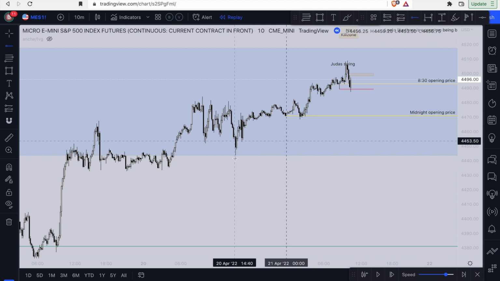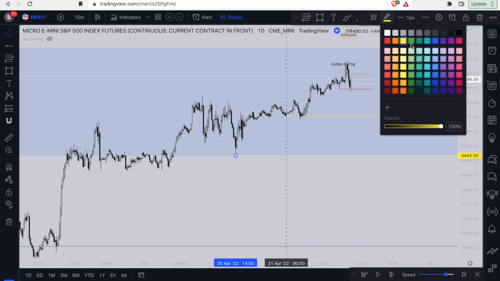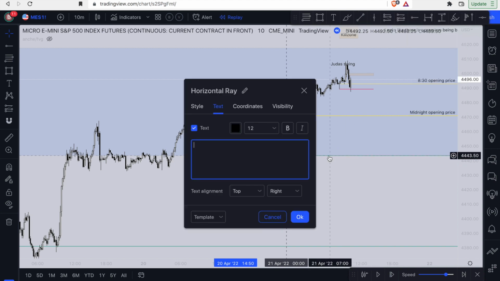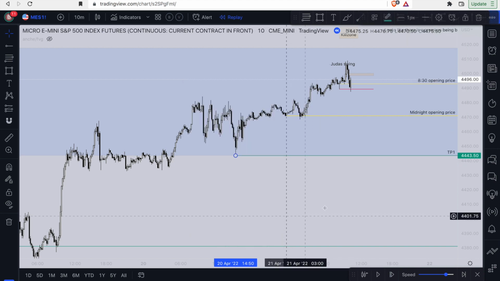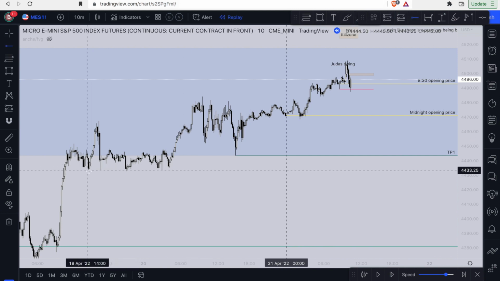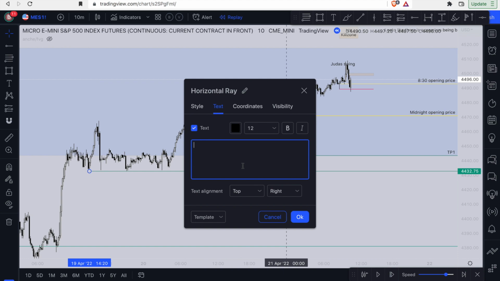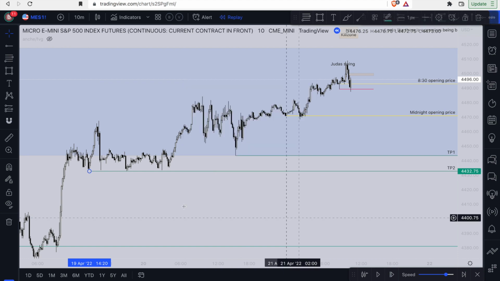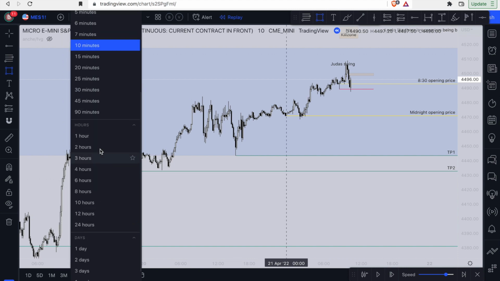So this swing low would be the first one, and these clean lows the second one. And then we have this fair value gap inside here, which is our draw on liquidity. So probably look at that on the hourly.